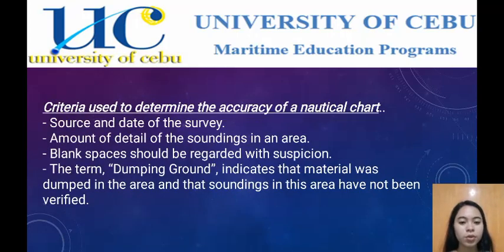The criteria used to determine the accuracy of a nautical chart are source and date of the survey and amount of detail of the surroundings in an area. Blank spaces should be regarded with suspicion. The term dumping ground indicates that material was dumped in the area and that soundings in this area have not been verified.